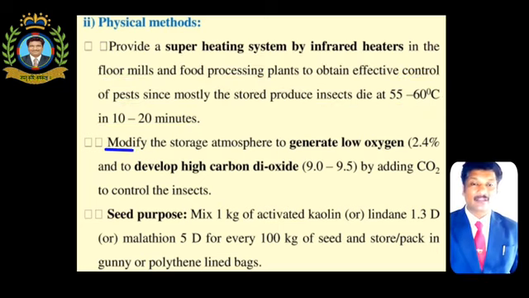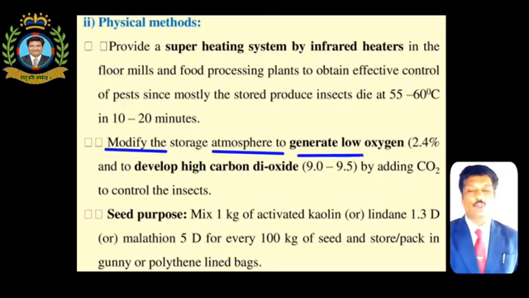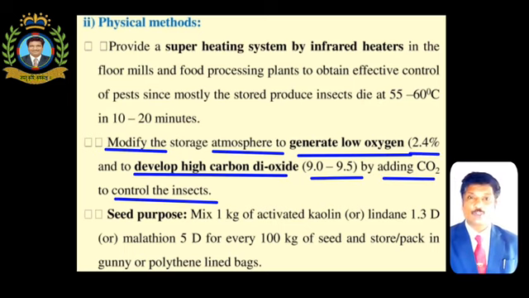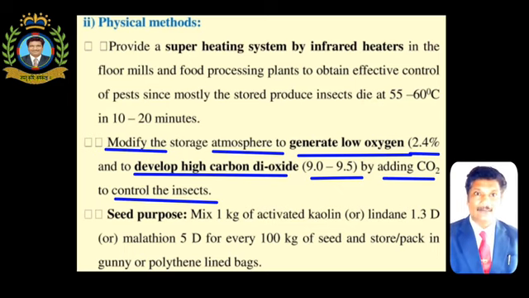Also, modification of the atmosphere by generating low oxygen, nearby 2.4%, and developing high carbon dioxide, nearby 9 to 9.5%, may also help to control the insect pests.